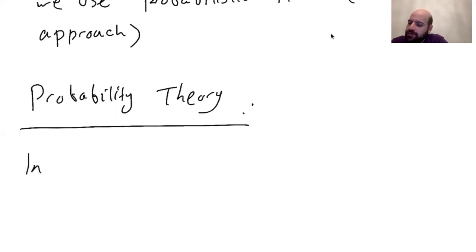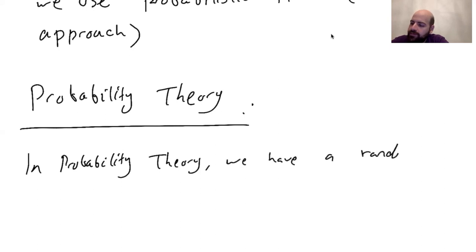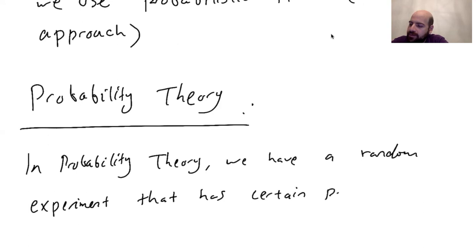So in probability theory, we have a random experiment that has certain possible outcomes.